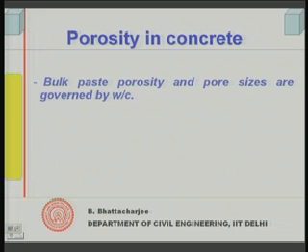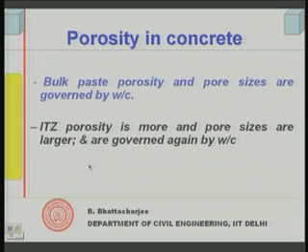So, bulk porosity and pore sizes are governed by water cement ratio, and ITZ porosity is more because there are additional effects there like wall effects, shrinkage effects, one sided hydration growth effect and bleed water trapping effect. All this makes the pores at the ITZ much more.